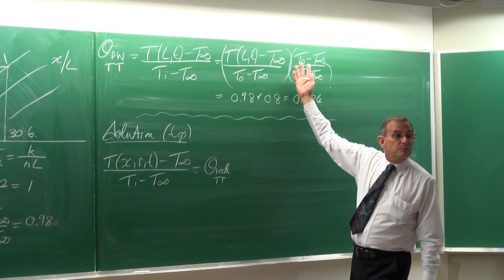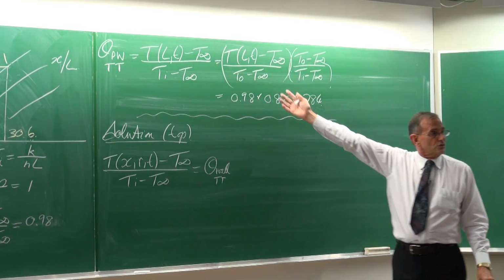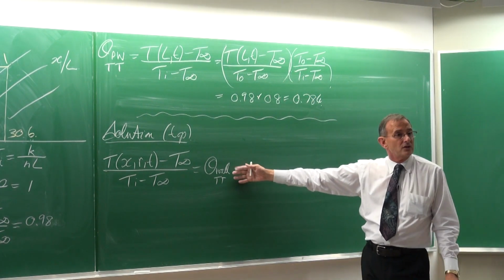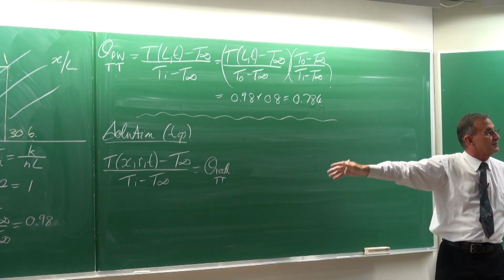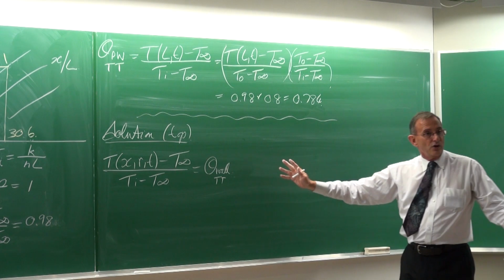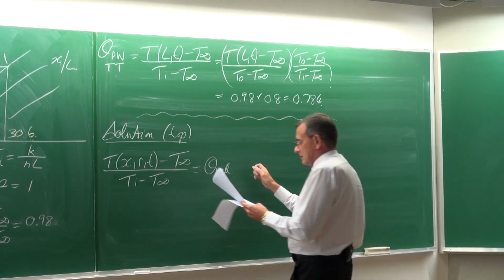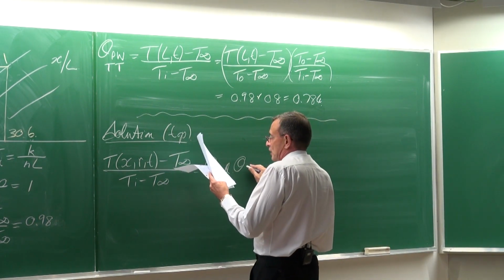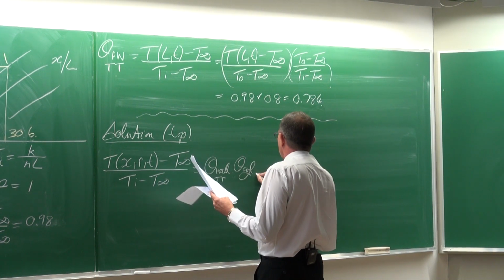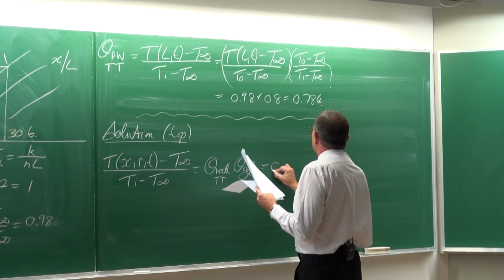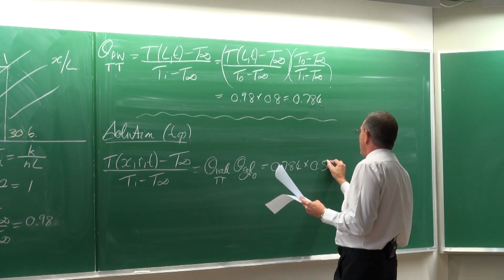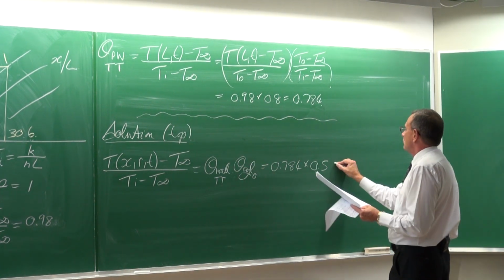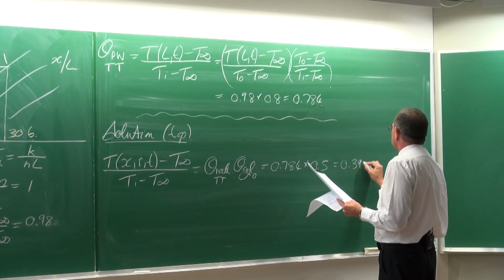I'm writing out the temperatures like this because I know that you're not used to the non-dimensionalized temperatures yet, but once you've worked through this a few times, you'll see that it is much more convenient to work with the non-dimensionalized values, multiplied by that of the cylinder at 0, and therefore it is equal to 0.684 multiplied by 0.5, which is equal to 0.392.